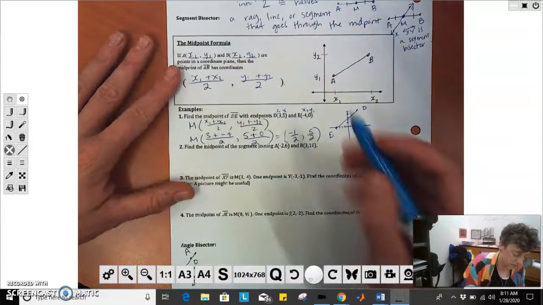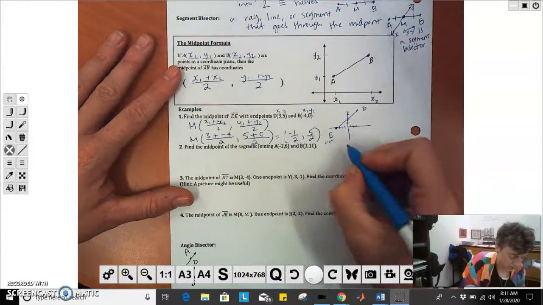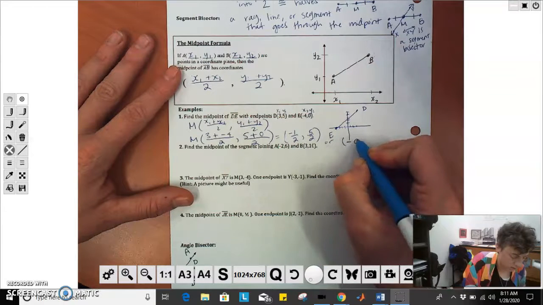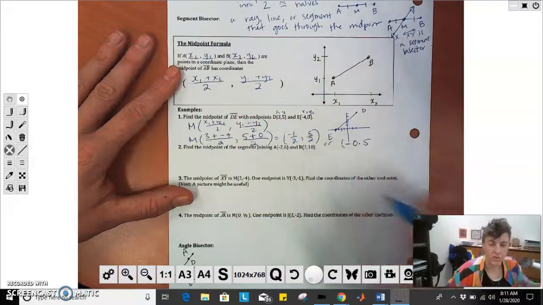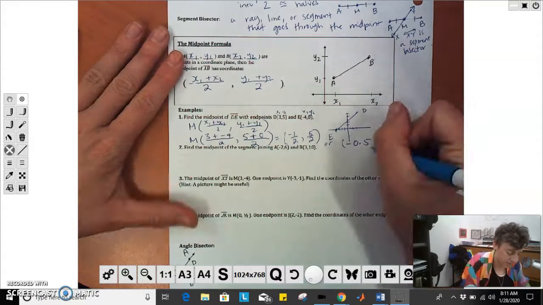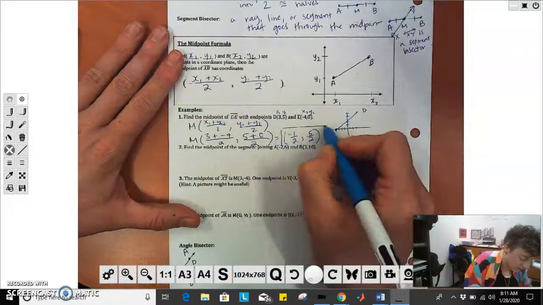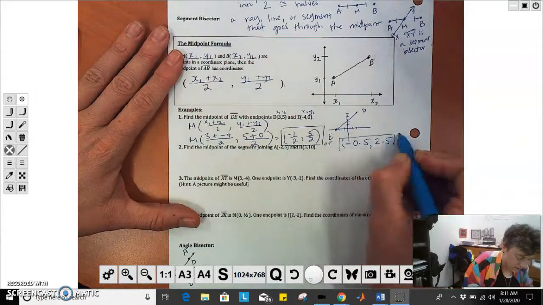We could leave our answer as a fraction. That would be fine. Or we could put it into a decimal. -0.5. And what's 5 divided by 2? 2.5. Yep. So either this is an answer or this one.